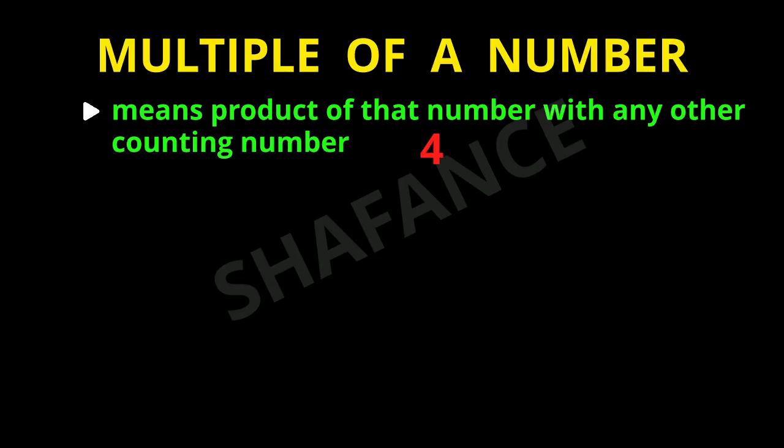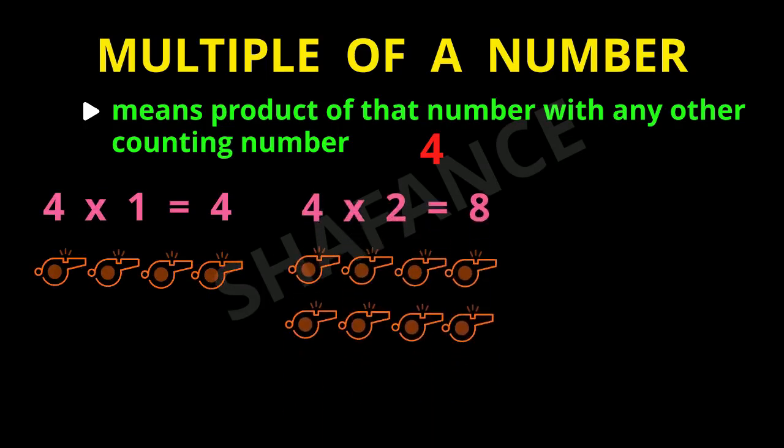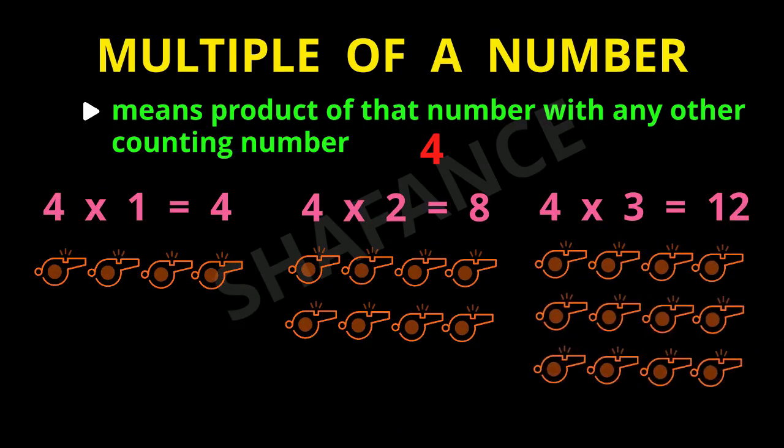So we get 4 multiplied by 1, that is 4. 4 multiplied by 2 equals 8. 4 multiplied by 3 equals 12. These numbers, that is 4, 8, 12, are the products of 4 with counting numbers. And we can see in the figures also that items are getting repeated in multiples of 4. So 4, 8, 12 are the multiples of 4.